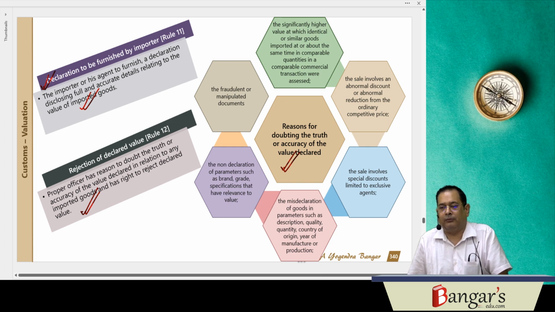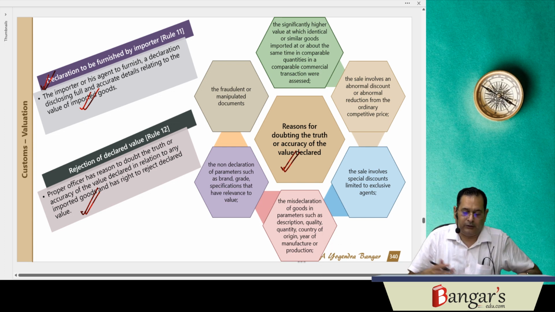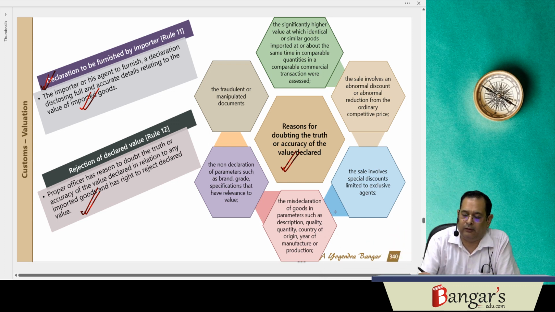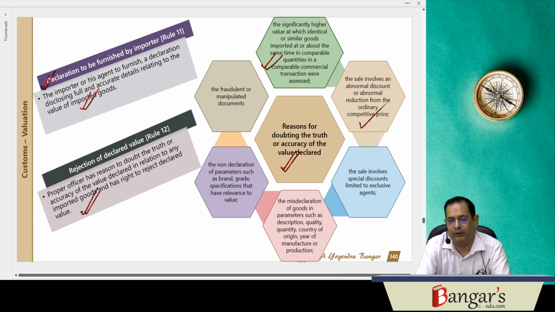Significantly higher value at which identical or similar goods are imported at or about the same time when the declaration for value is presented in comparable commercial transactions were assessed. Or the sale involves abnormal discount or abnormal reduction from the ordinary competitive prices.